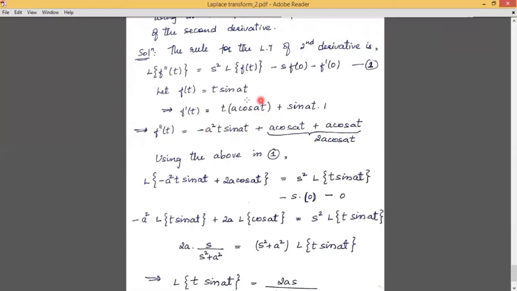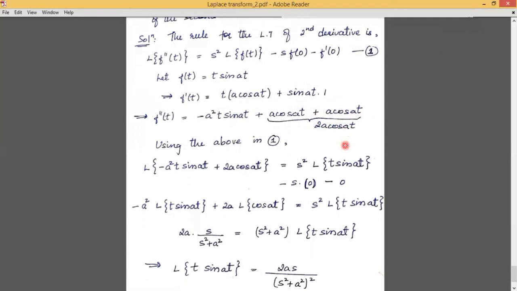And keeping this as it is, a cos at into derivative of t is 1. So a cos at into 1 plus derivative of sin at is a cos at. So these two terms are same and they will add up to 2a cos at.